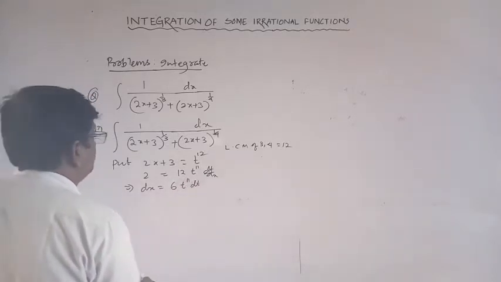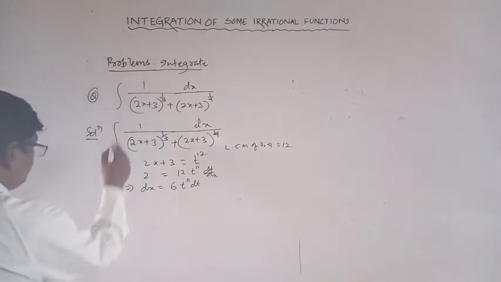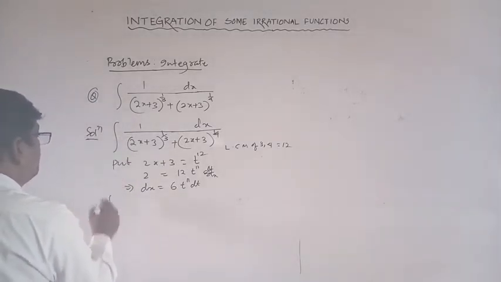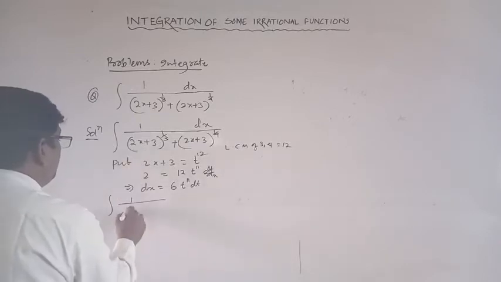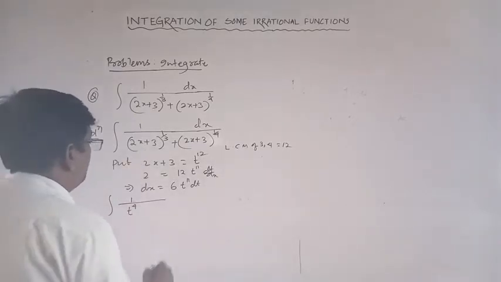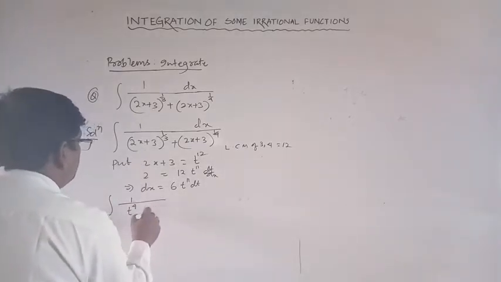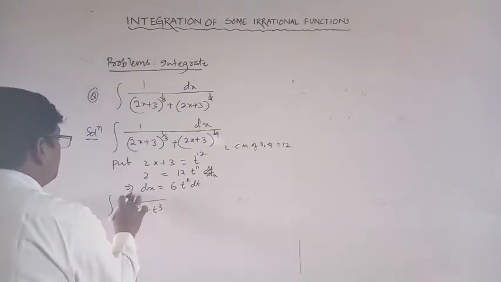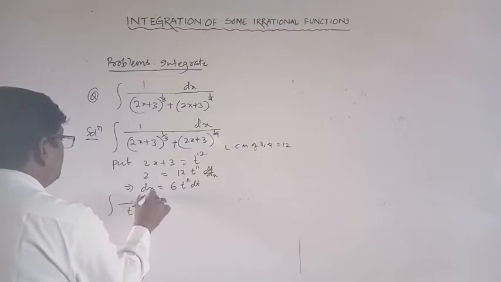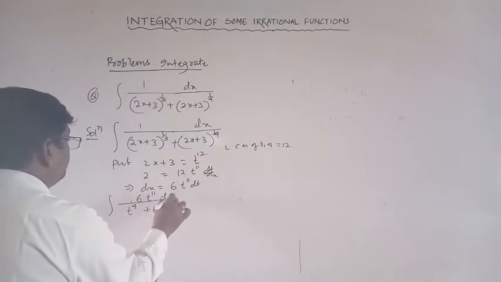Clear? So this is equal to integration of 1 by t to the power 4 plus t to the power 3, and dx is equal to 6 into t to the 11 dt.